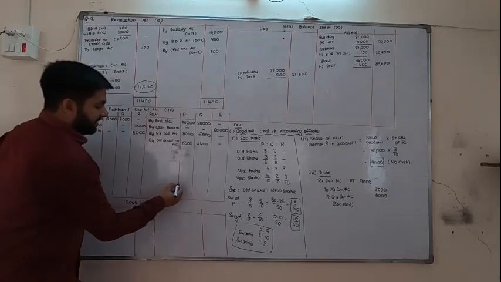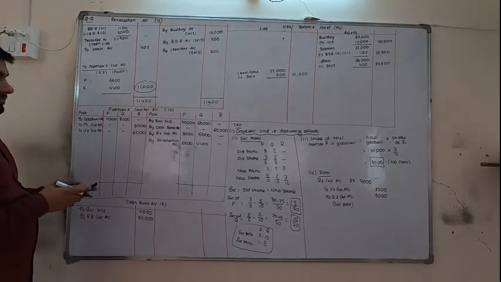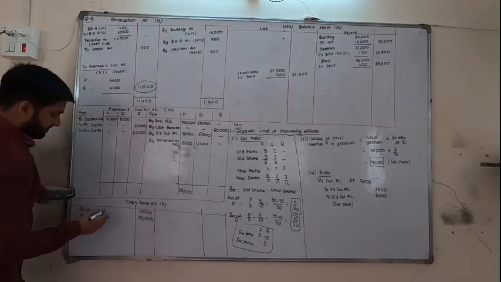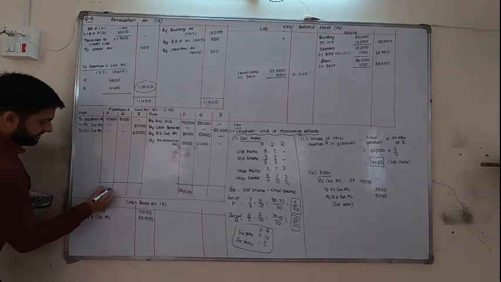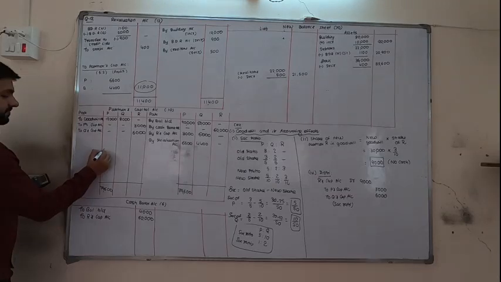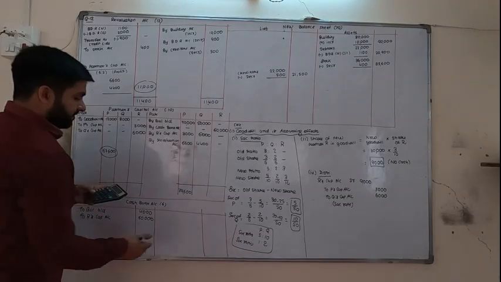Now we will close the capital accounts. 70,000, 3,000, 6,600. So it is 79,600. 79,600 minus 12,000. So it will be 67,600. Next 50,000, 6,000, 4,400.